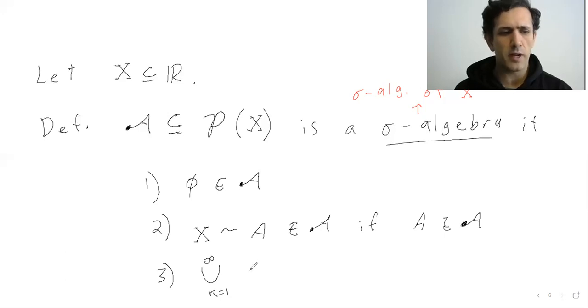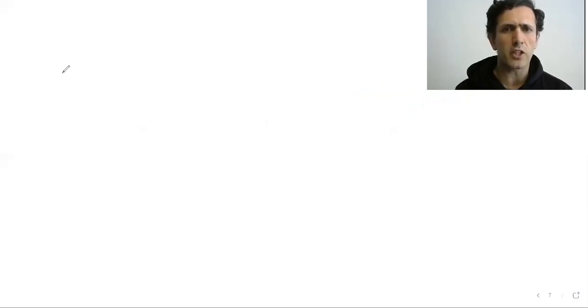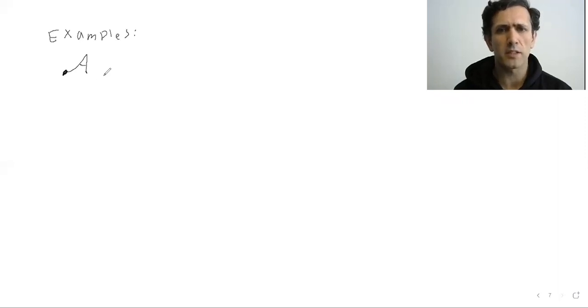And last but not least, we want unions to be preserved. If we have a countable collection of subsets A_k in script A, then we want the union to also be in it. Okay, so as a sanity check, we have two very canonical, but nevertheless useful, examples of sigma algebras, no matter what big X is.